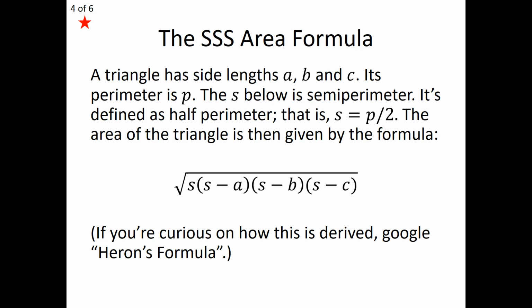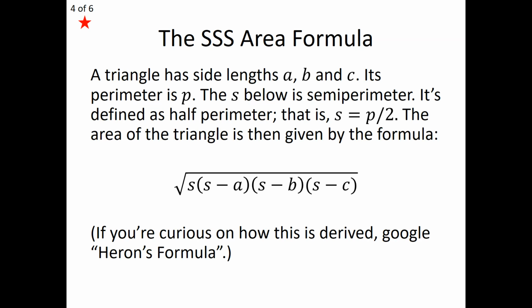Now, if you're curious, we like to call this Heron's formula. It is accredited to the mathematician known as Heron of Alexandria, a famous ancient Egyptian mathematician, and he spent a lot of time deriving this formula for us.